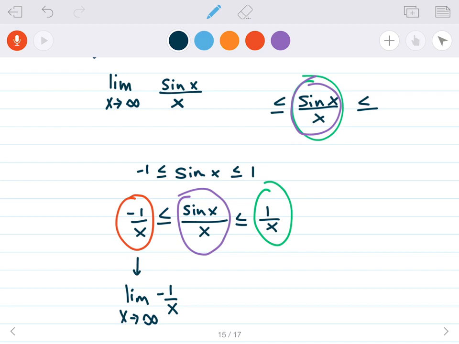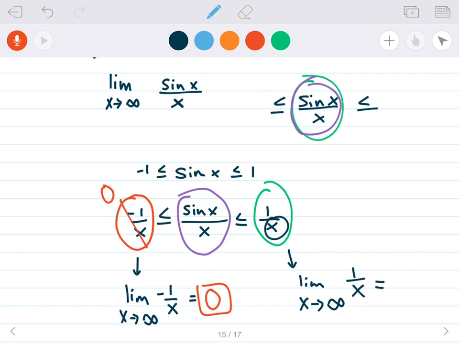Well, as x gets really, really big, this thing is going to go to 0. Okay, that's 0. In a similar way, if we take the limit as x goes to infinity of 1 over x, as x gets huge, this thing also converges to 0.